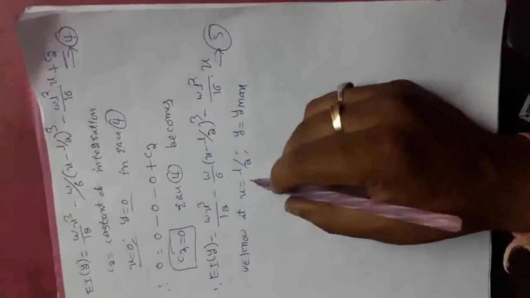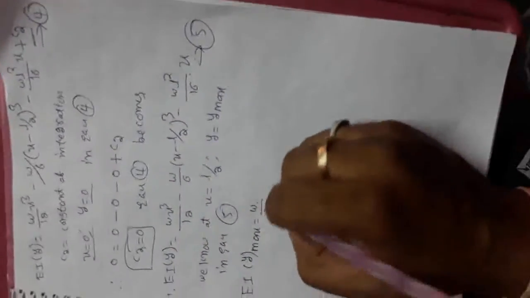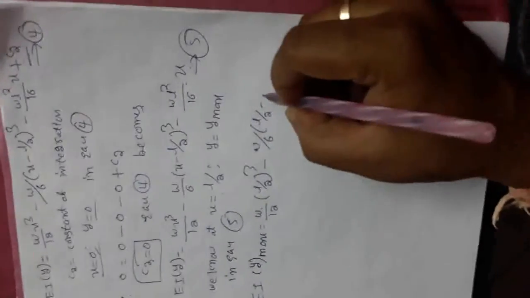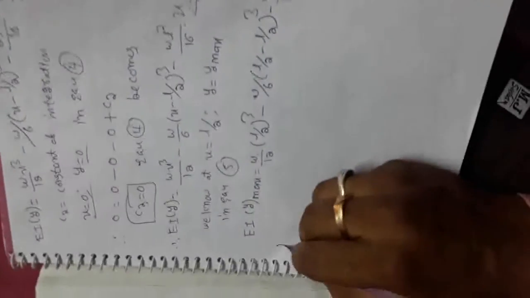After substituting in equation number 5, you can get EI y, where y is nothing but y maximum, x is nothing but L by 2: w by 12 (L by 2) whole cube, minus w by 6 (L by 2 minus L by 2) whole cube, minus w L square by 16 into x, which is L by 2. So you can simplify this equation.